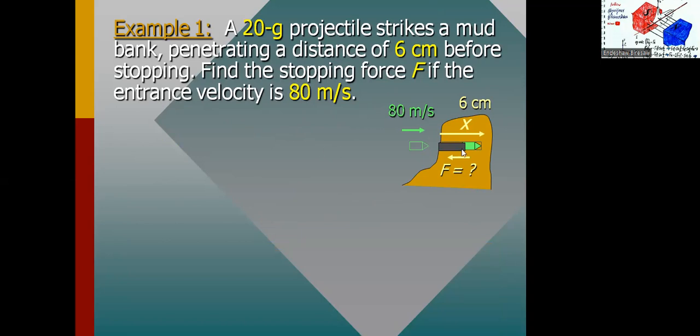As we see from this diagram, the bullet has a velocity of 80 meters per second and penetrates 6 centimeters into the mud, and there is a force applied. Therefore, what will be the force applied to stop the moving object?